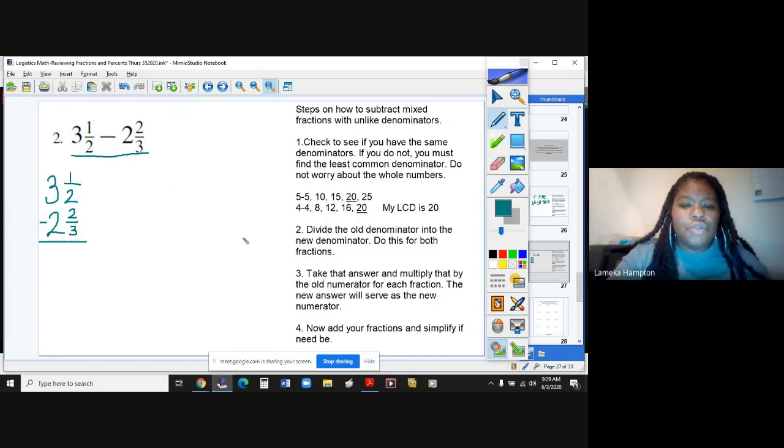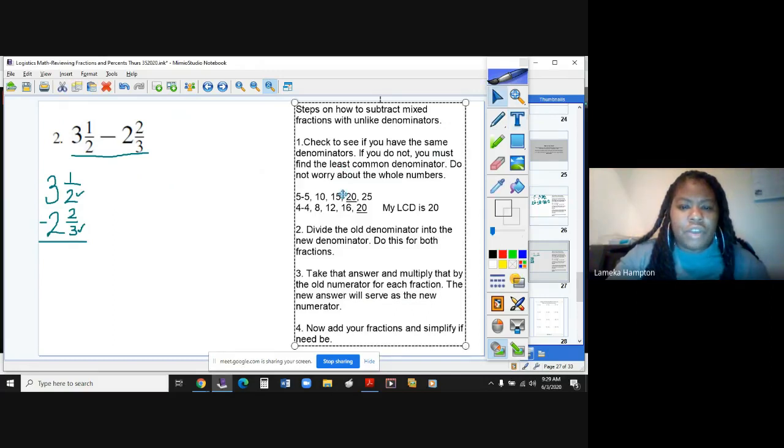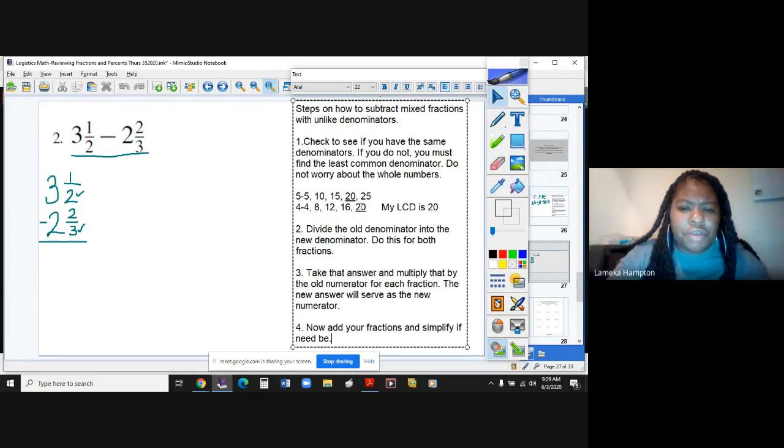So we're going to see if they have the same bottom numbers. 2 is my bottom number and 3 is my bottom number. We know that that's not the same. So now I have to find my least common denominator. I'm going to change these numbers up here because we are no longer dealing with 5 and 4. We are now dealing with 2 and 3.